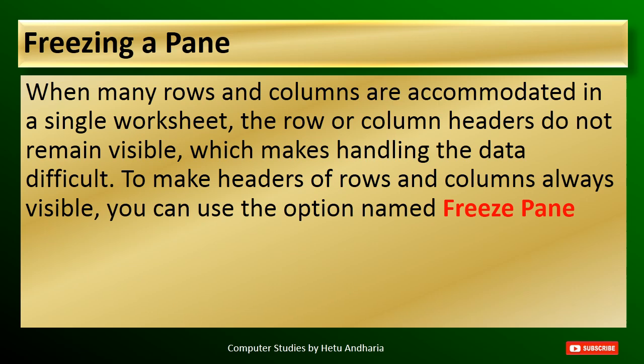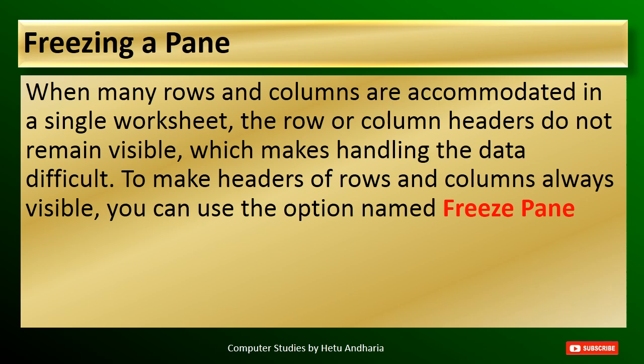But if we have entered the records of say 100 students and subjects also, just now we had given only 3 subjects, but if actual 7 subjects marks are entered, then when we go to see the record of the 100 number student, then we will not be able to judge exactly in which subject he is getting how many marks, because the heading where we had written the name of the subjects will not be visible when we go to the 100 record. Am I right? So how to make this thing visible?